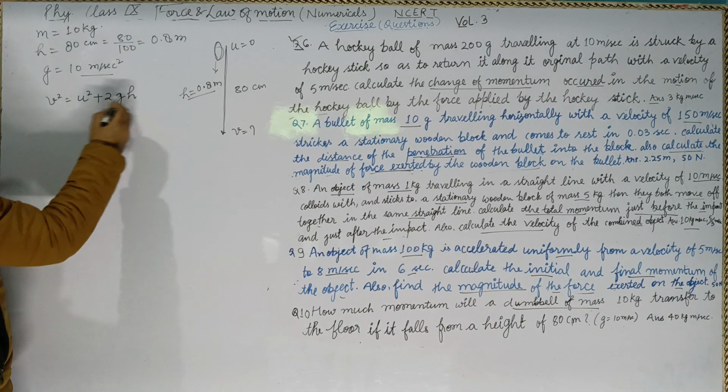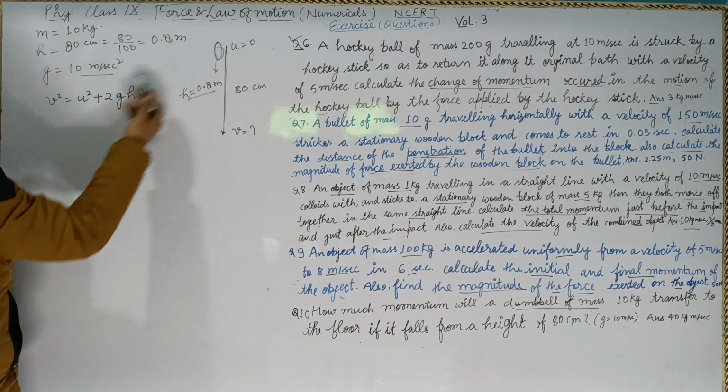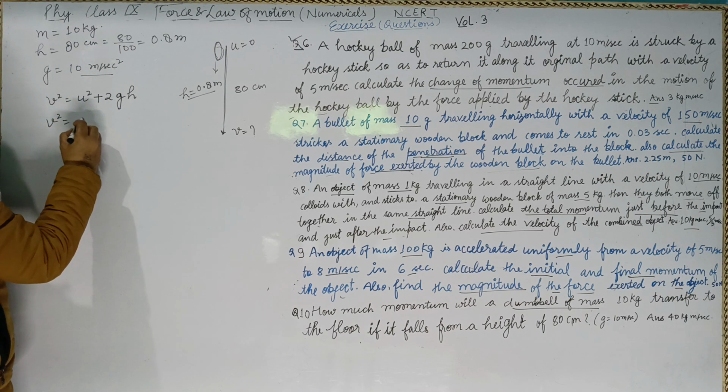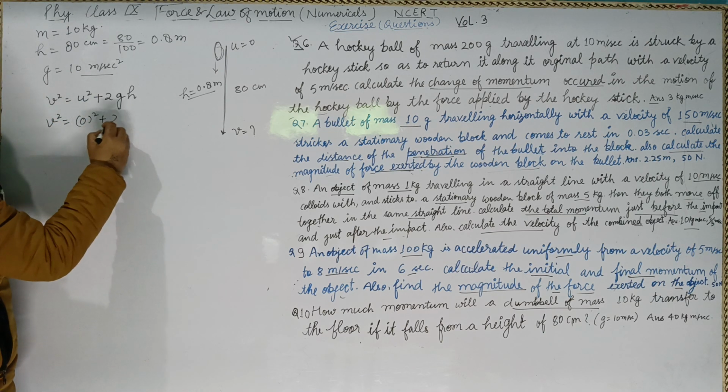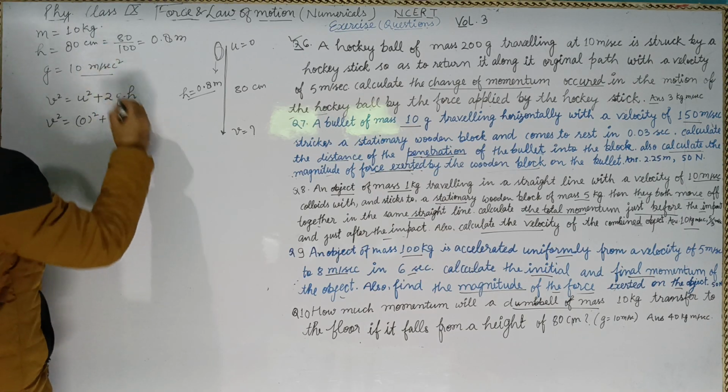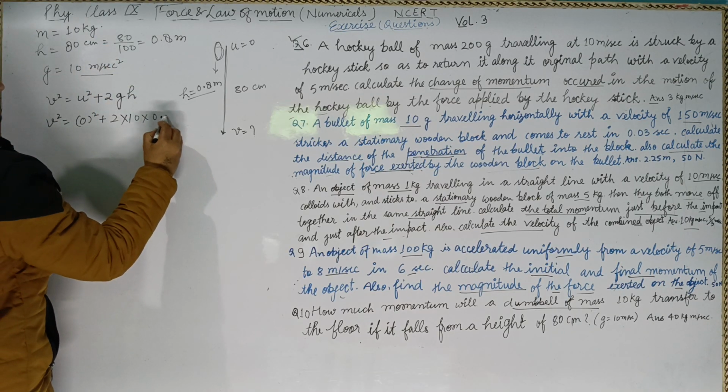We put the values. Initial velocity is 0 and final velocity we have to find. v square is equal to u square, u is 0, plus 2, g is 10, h is also given 0.8.